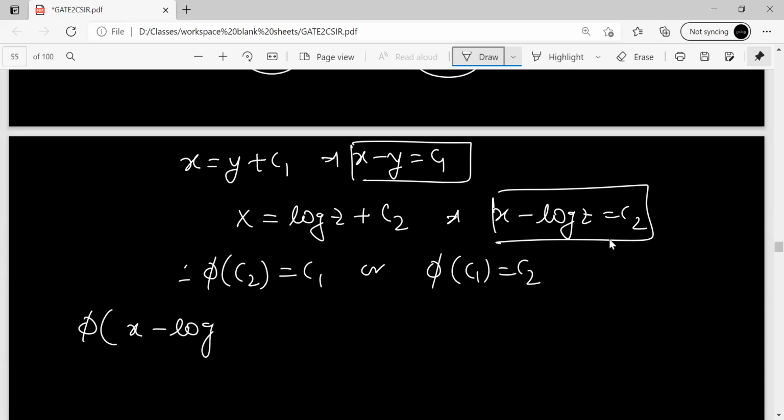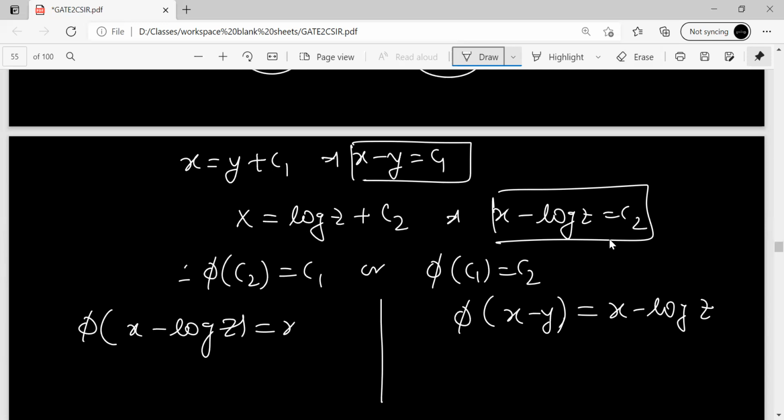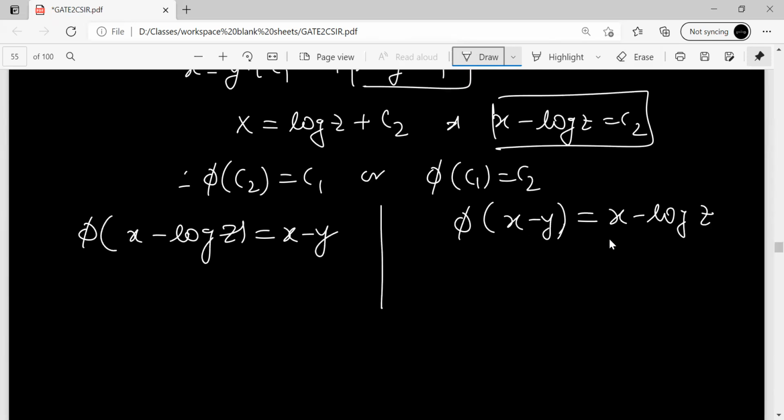So x minus y equals phi of c2, where c2 is x minus log z, so I get x minus y equal to phi of x minus log z. Now I have the curve. What is that? It is simply s, s, and then sin s. Here also I have s, s, and sin s.